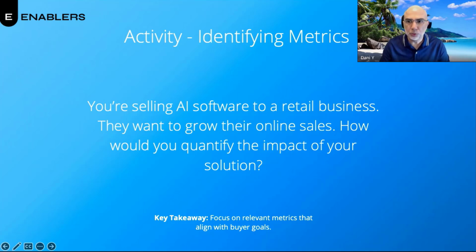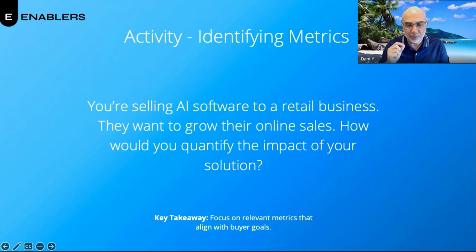How would you go about presenting your business metrics to businesses that are looking for AI software or an AI solution that would help them grow? What are those metrics that you think would make sense to a business looking for that kind of solution?